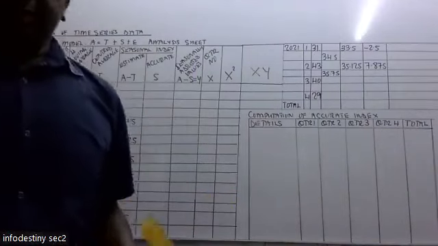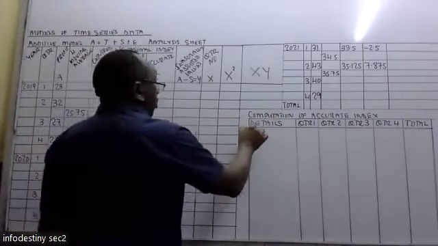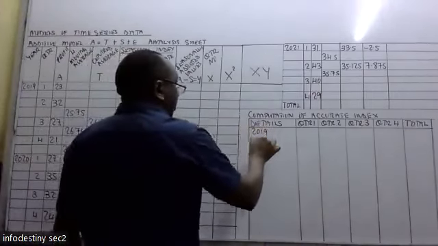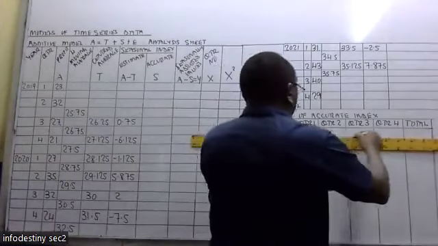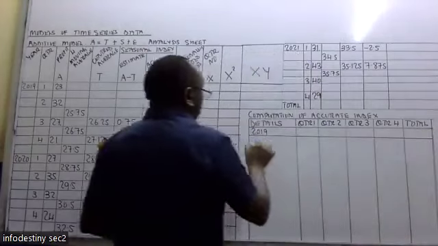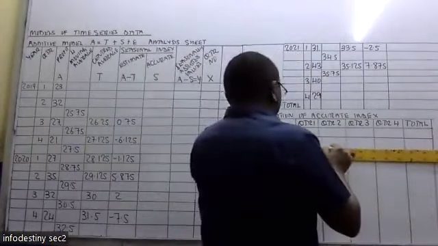Then we have the year 2019, the year 2020. You don't have to skip lines in this one.